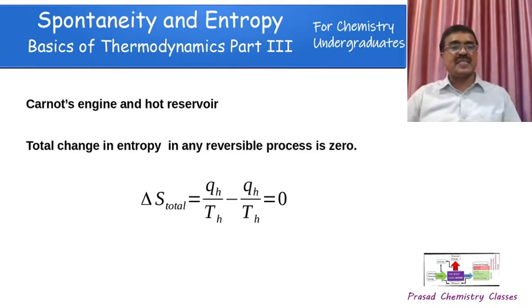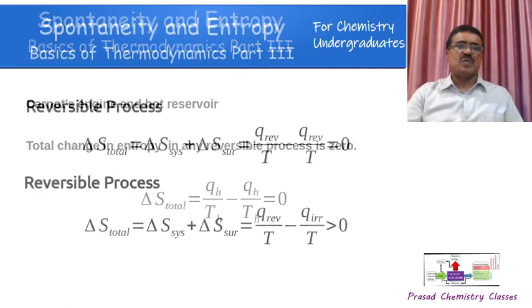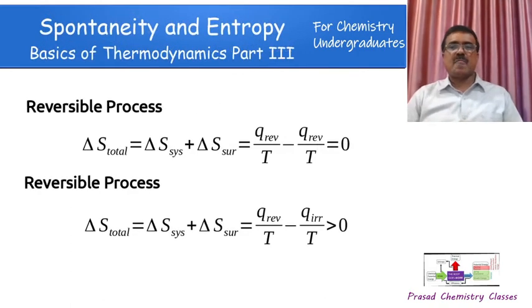So the delta S total is 0. In the reversible process, the system and its immediate surroundings taken together have zero change in entropy.